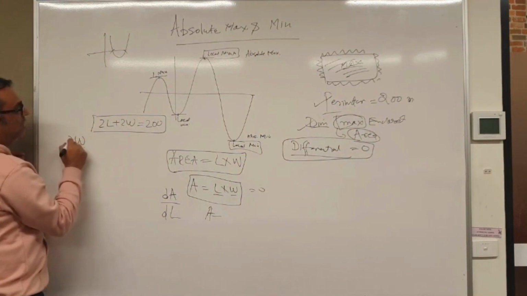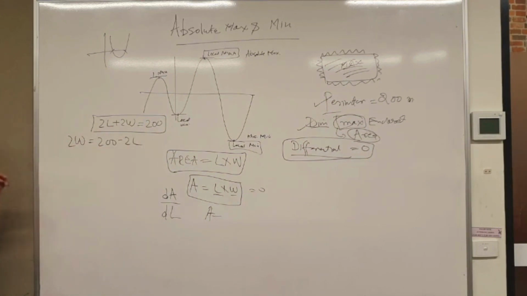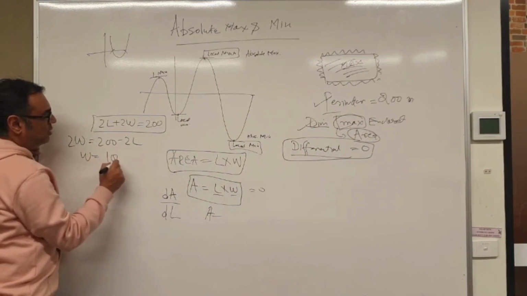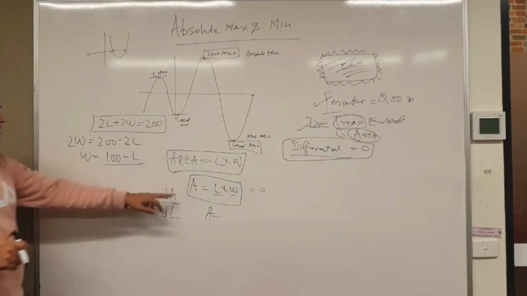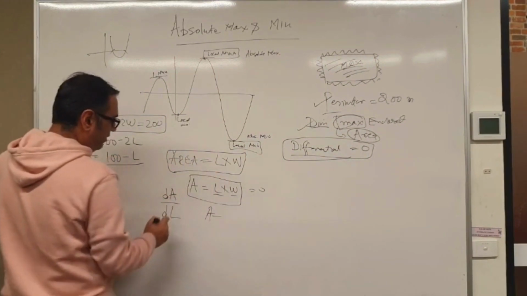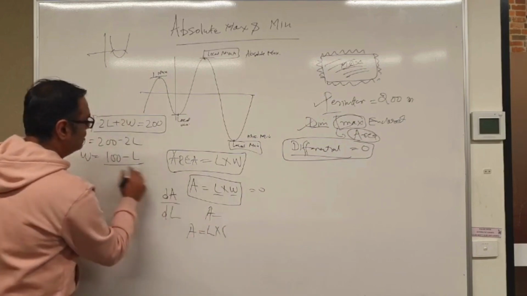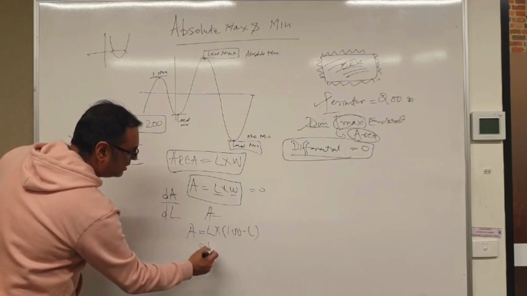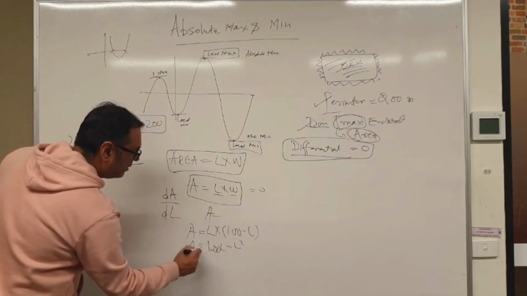So I'll say 2W equals, that's what Chris said, and then W equals 100 minus L. And you plug this here and you say your area is L times 100 minus L, which is 100L minus L square.